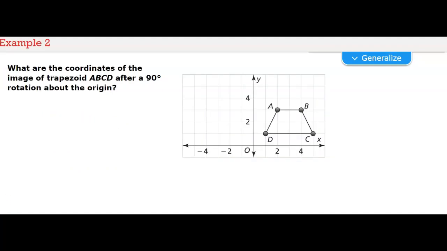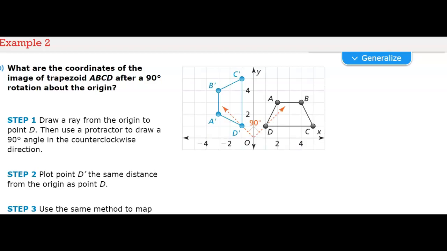What are the coordinates of the image of trapezoid ABCD after a 90-degree rotation about the origin? Step 1, draw a ray from the origin to point D. You see how they have the orange 90-degree ray there. Then use a protractor.